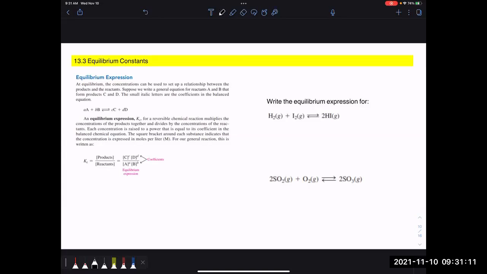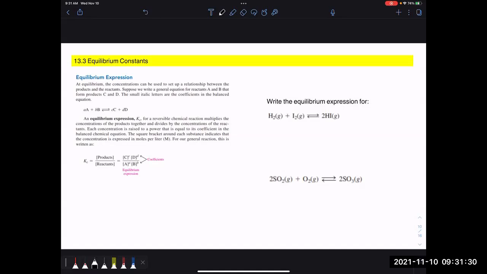So we have these equilibrium expressions as a way to quantify this idea. At equilibrium, the concentrations of each of the products and reactants can be used to set up a relationship between the products and reactants.